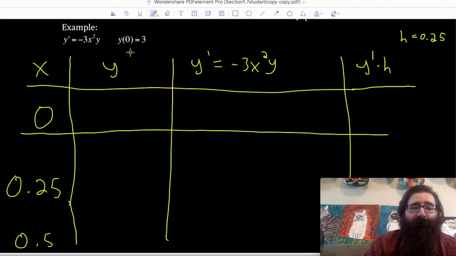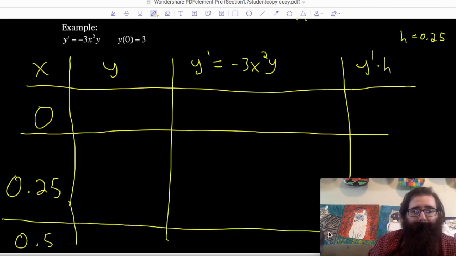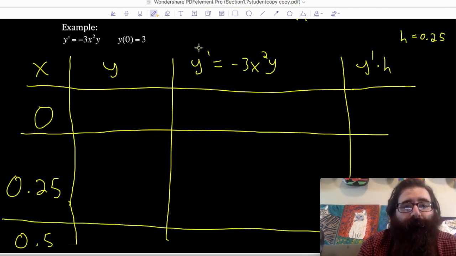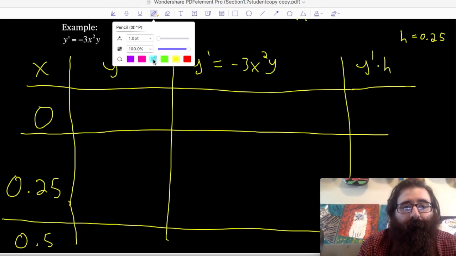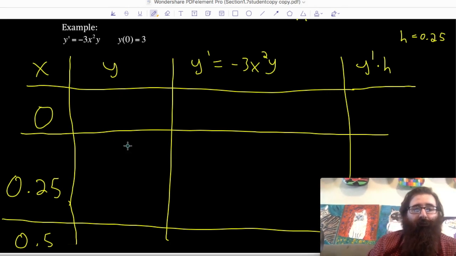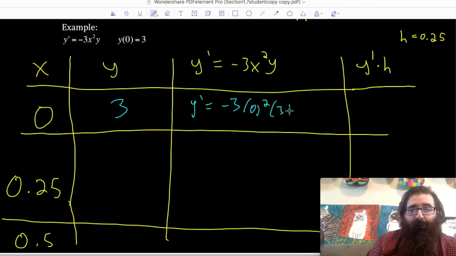We're given the initial value y at 0 equals 3. So when x is 0, y is 3. I plug into the differential equation, so y prime is negative 3 times 0 squared times y, which is 3, which, since I have 0 as a factor, is going to give me 0.